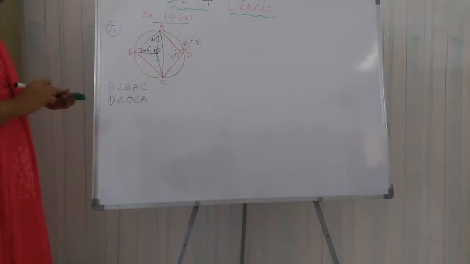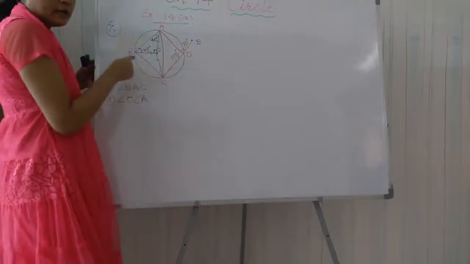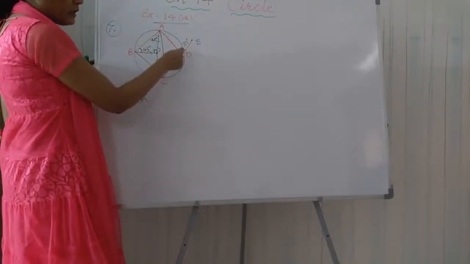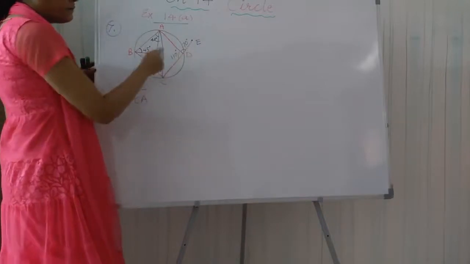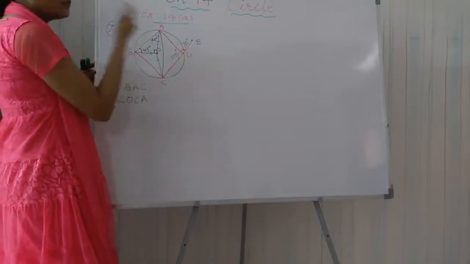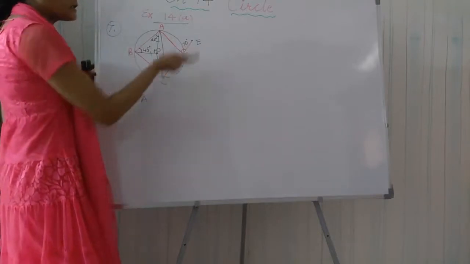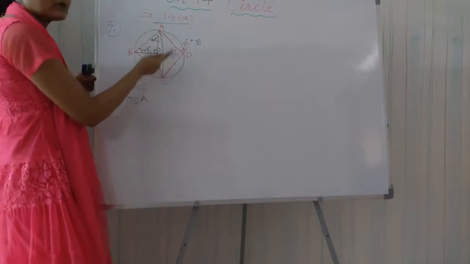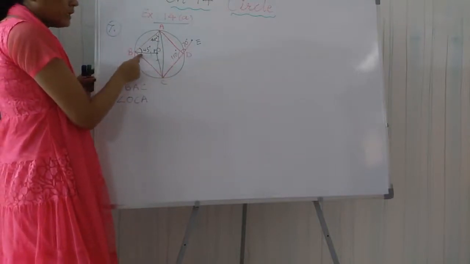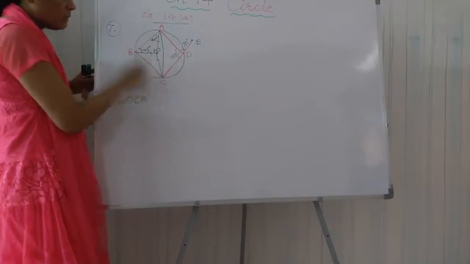One more thing students, this is the cyclic quadrilateral ABCD. So this is the exterior angle formed here by producing this side, 70 degrees. So what is the property or theorem we have studied? That the exterior angle of a cyclic quadrilateral is always equal to the opposite interior angle, and this is the opposite interior angle ABC.